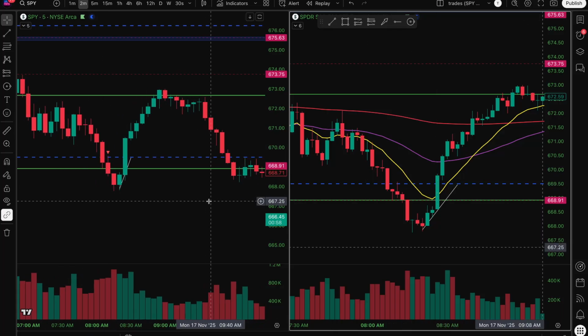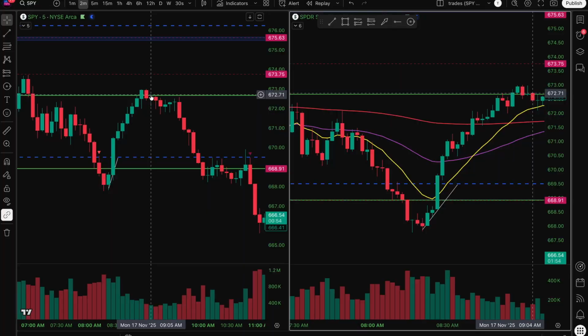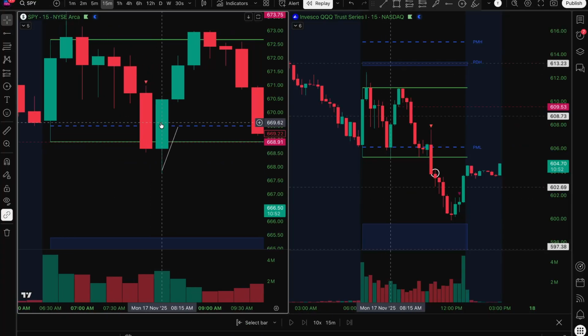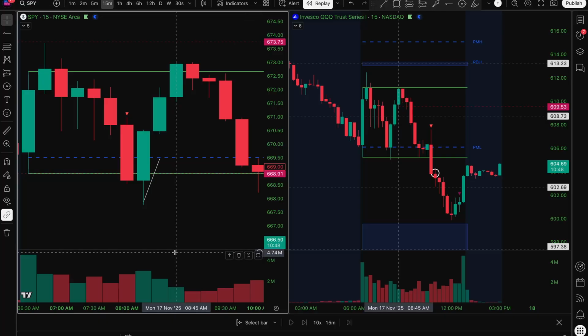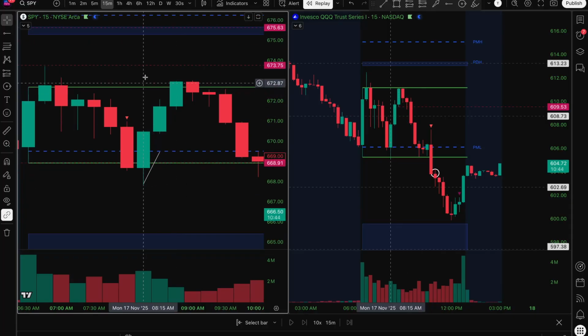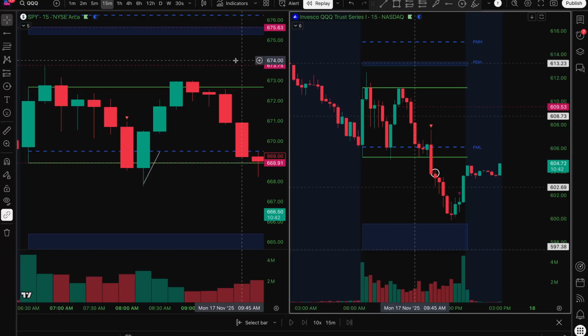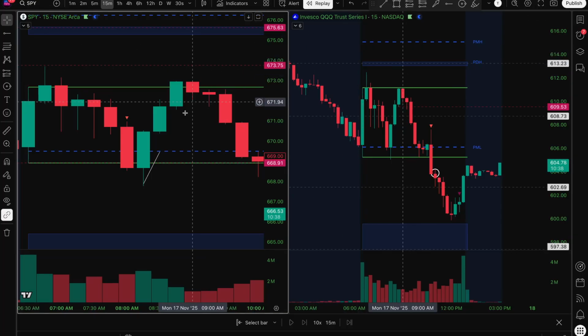And then we also had another entry, which was around this 9 a.m. The reason for that entry was we had an anomaly on the 15-minute time frame. So this is again on the 15, Q on the right, SPY on the left.